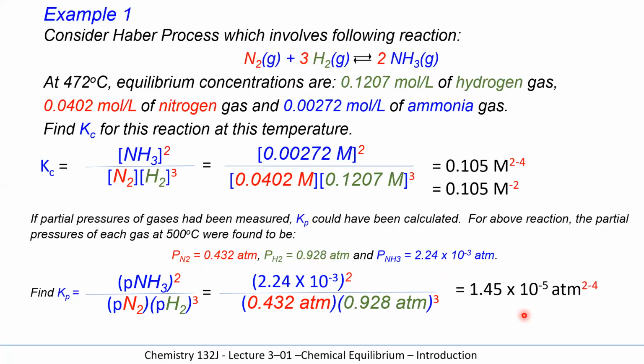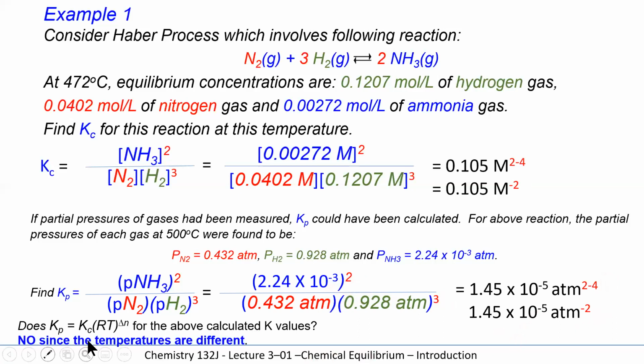Mathematically, when we work it out, again, look at the units. It's atmospheres to the power of 4 on the bottom, atmospheres to the power of 2 on top. Sorry, forgot to put atmosphere right here. And we end up with 1.45 times 10 to the 5 atmospheres to the minus 2.